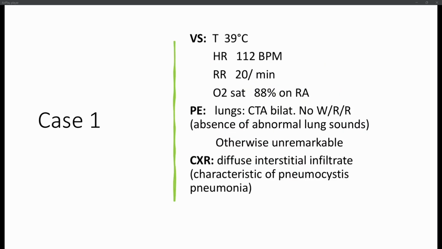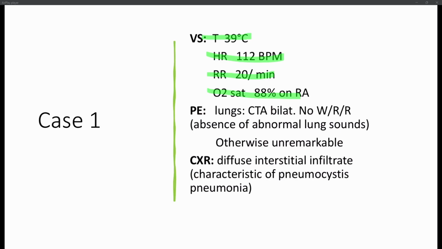Okay, so let's look at the vital signs. Temp is 39 degrees Celsius. Is that high or low? High. Heart rate? High. Respirations? High. O2 sat? Low. So we know he has a fever. We know he's got signs of sepsis, right?